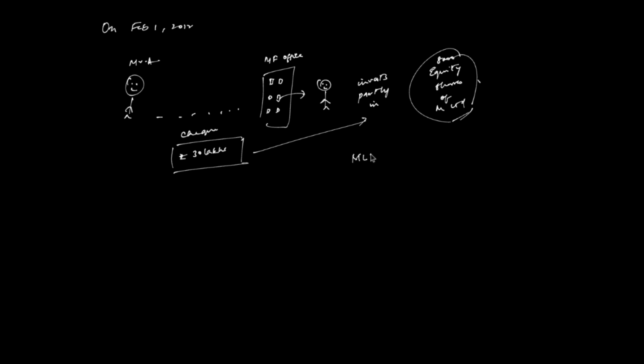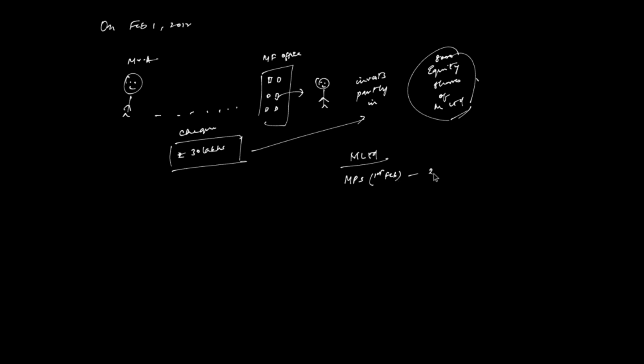Now, if you see the market price of M Limited on 1st Feb is rupees 312.4. Number of additional shares, that is number of shares purchased, is 8,000.